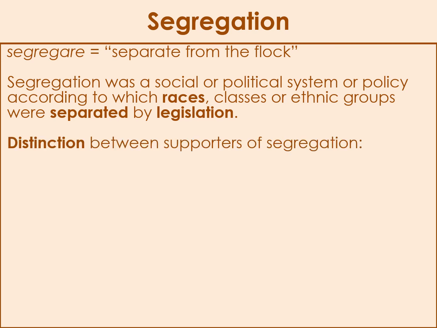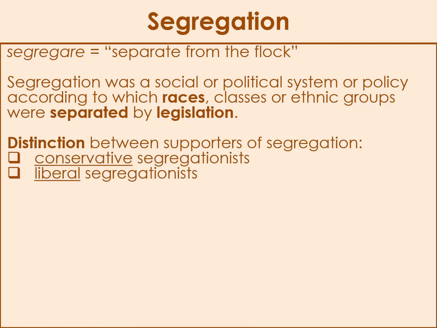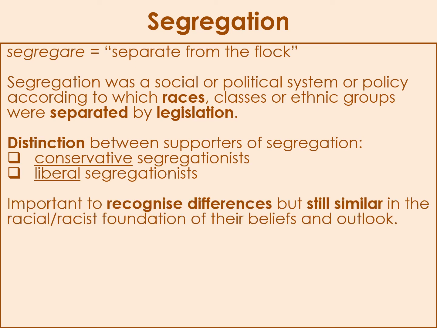Among the supporters of segregation, a distinction can be made between conservative and liberal segregationists. It is important to recognize the difference between these two groups, but still be aware that they were similar in the racial and racist foundation of their beliefs and outlook.